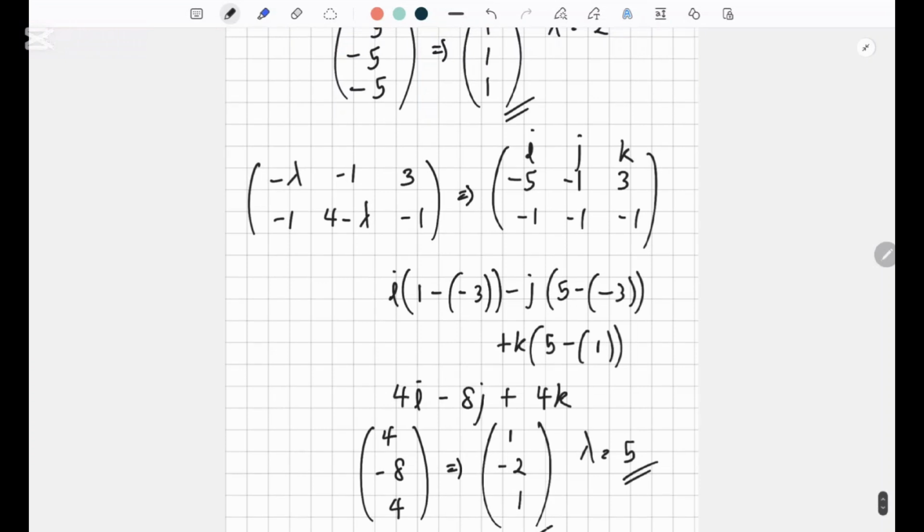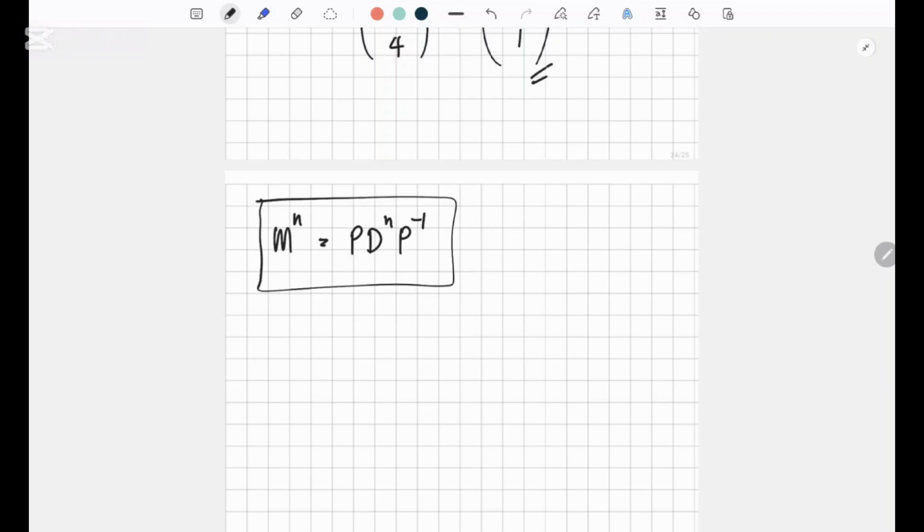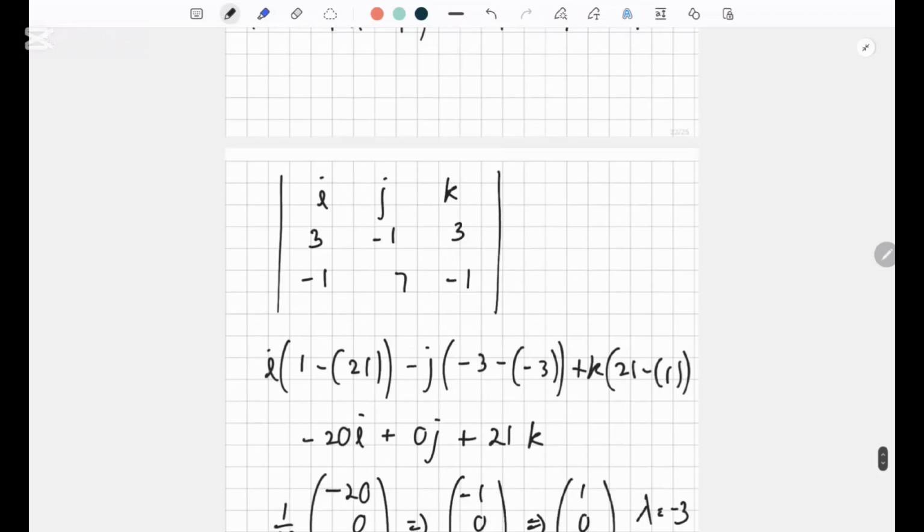Okay, so I want to show you something else. The matrix M to the power n equals P D to the power n P inverse. So this formula is used. So we had this matrix, right?